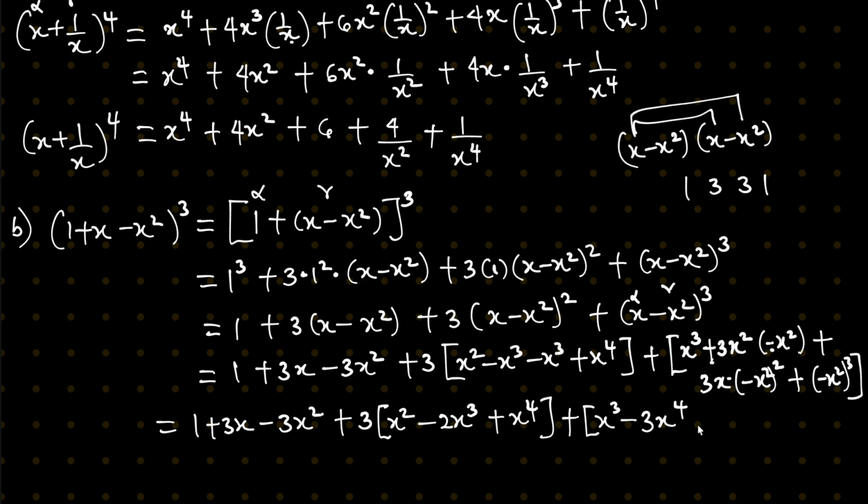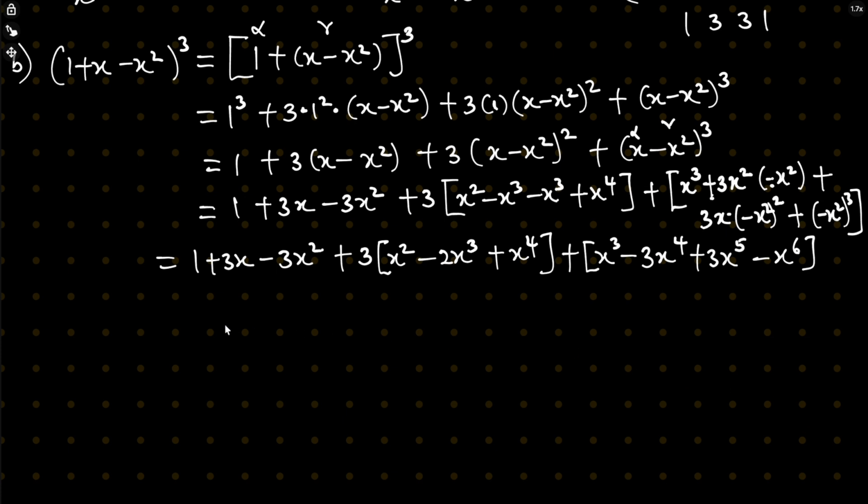When you multiply that by 3, you have x to the power of 5, and here we have minus x squared to the power of 3, that's going to be minus x to the power of 6.